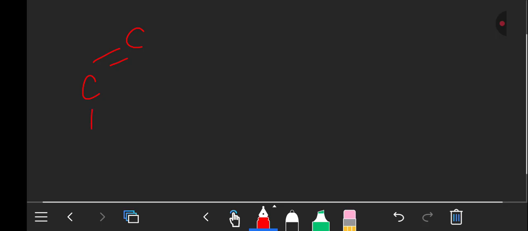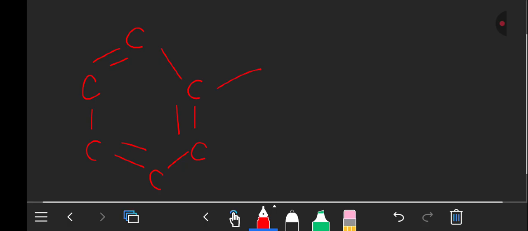Then we have carbon this side, like this. How many carbons? There are 6. There's a double bond there, there's a double bond here, and there's a double bond there.